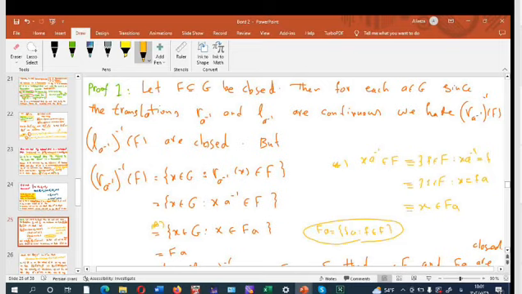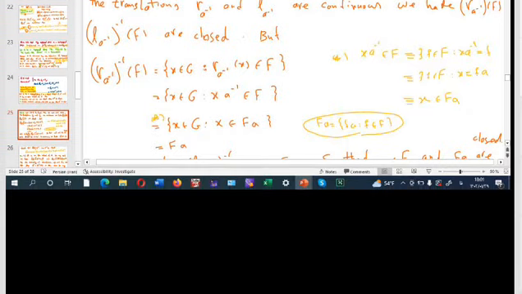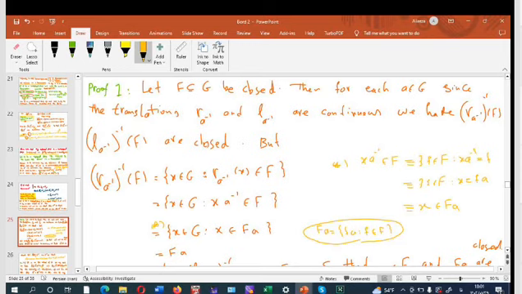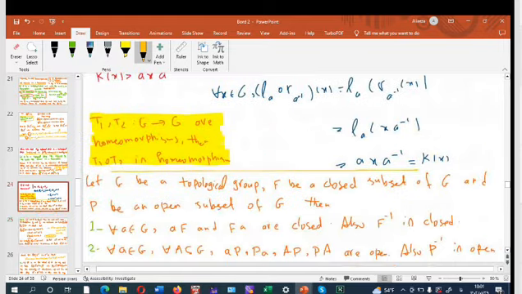For the proof, let F be a closed subset of G. Then, for each a, we consider G a semi-topological group.